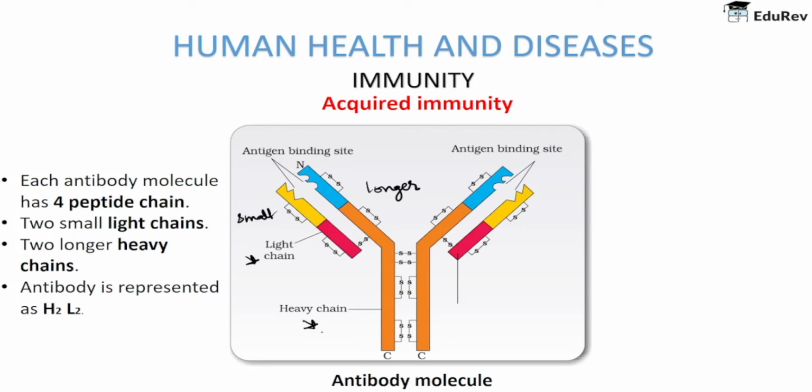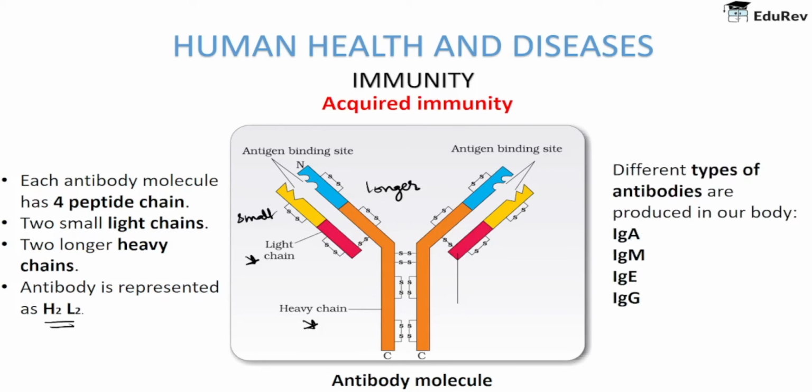Therefore, this antibody is represented as H2L2. In this, H is for the heavy chain and L is for the light chain. Now, in our body, different types of antibodies are produced, such as IgA, IgM, IgE and IgG.